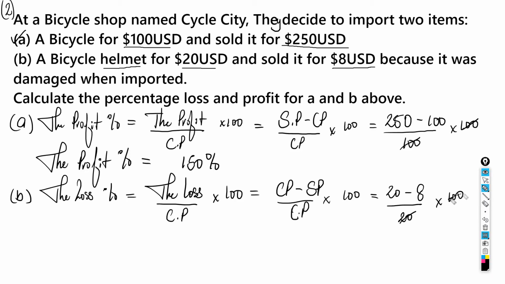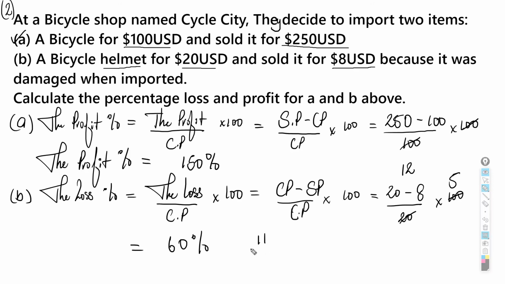So 20 goes into 100 5 times, and 20 minus 8 should give us 12. And so 12 times 5 would actually be the loss percentage. Cool. So 12 times 5 is actually 60. So they made a 60% loss on this item. They really incurred a 60% loss on this item.